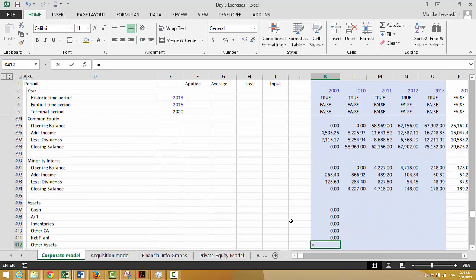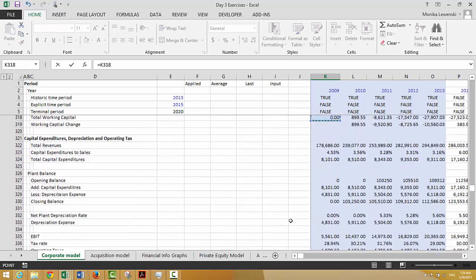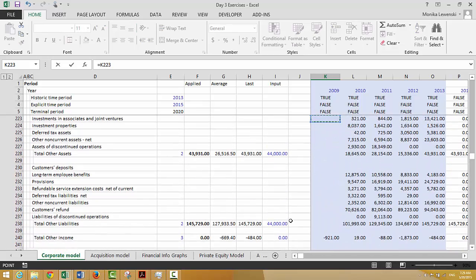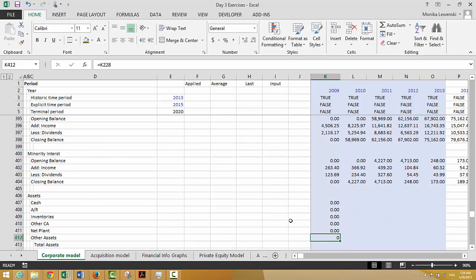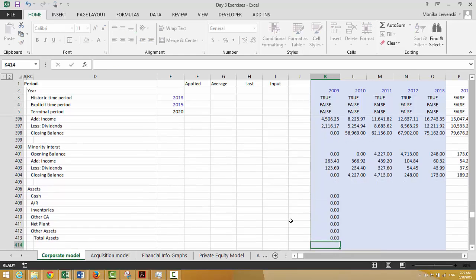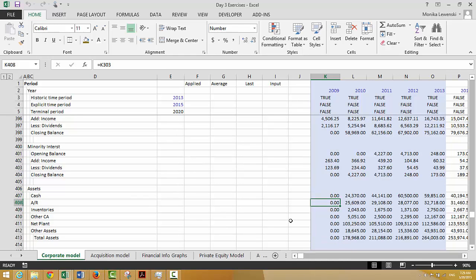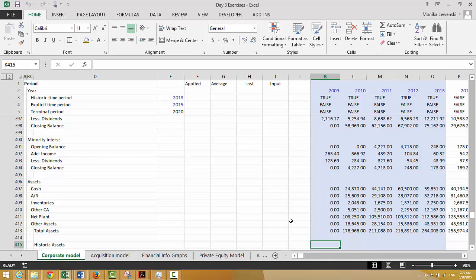and then we have other assets, which are in our assumption section. We have other assets down here. Okay, and then we can press Alt equal, and we can press Shift Control R, and then we're going to test whether this is the same, and it's going to be different because I'm sure I made a mistake.